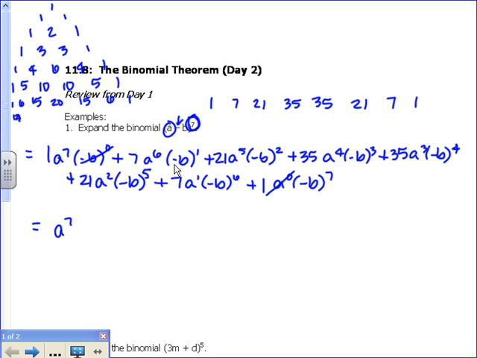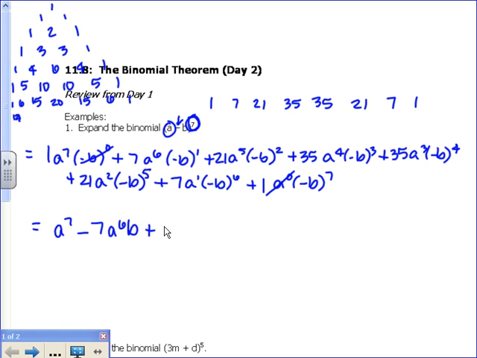Now because I have a negative here, my signs are going to alternate. I'm going to start with a negative and I'm going to go positive, positive, and so on. Because remember, this is just like we have a negative b to the 1st, which is just negative b, and negative b times 7 is going to give us a negative 7b. So negative 7, and I have a to the 6th, and then b to the 1st. Again, you don't have to write that first power. It's assumed.